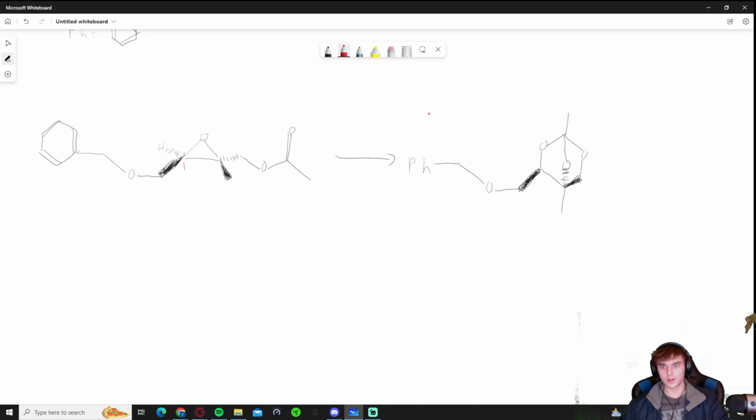So we number the carbons, every carbon: 3, 4, 5, 6, 7, 8, and 9. Numbered them like that. Don't ask why, but this is 1, this is 2, this is 3, this is 4, this is 5, this one is 6, this oxygen is 8, it's the same oxygen.